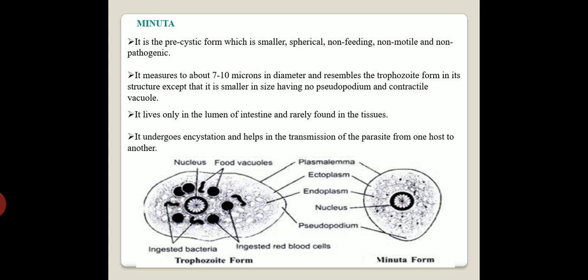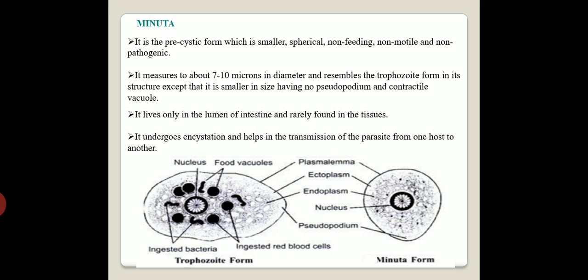Minuta is a precystic form which is smaller, spherical, non-feeding, non-motile and non-pathogenic. Here in this picture you can see the minuta or precystic form. It measures about 7 to 10 microns in diameter and resembles the trophozoite form in its structure, except that it is smaller in size, having no pseudopodia and contractile vacuole.